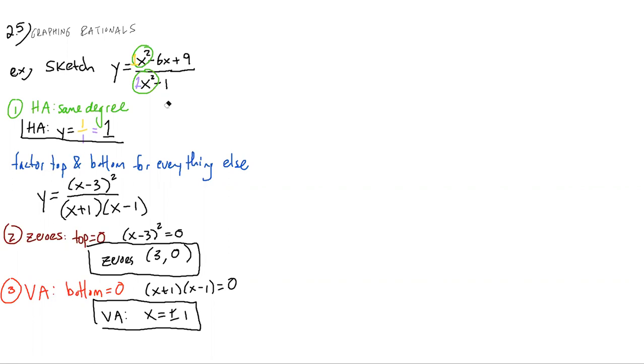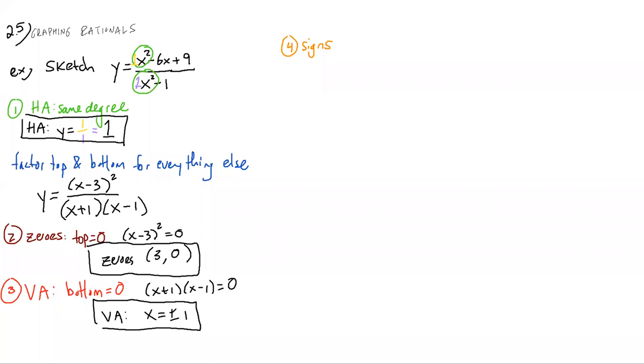And so the last thing I'm going to do is maybe look at the signs of the function, because that's going to tell me where everything actually occurs. And so that's that table that we've been doing all along. All right, so I'm going to set up my table.